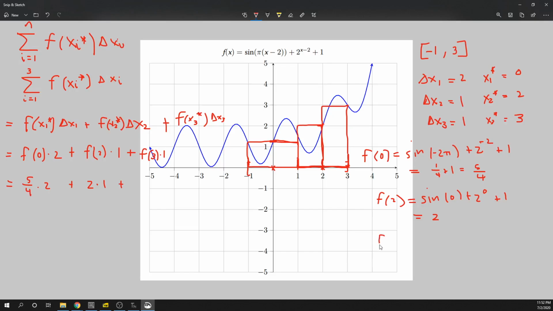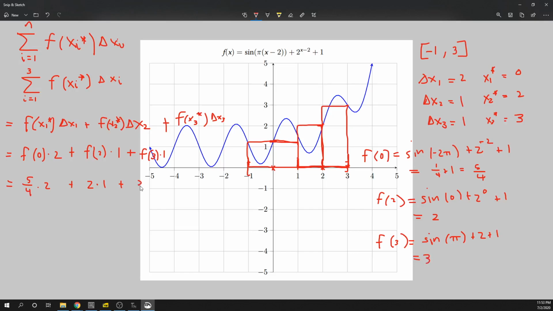Next, plug in the 3. When I plug in a 3, I get sine of pi times 3 minus 2, so that's sine pi, plus 2 to the 1 plus 1. Sine pi is 0, so that gives me just 3.